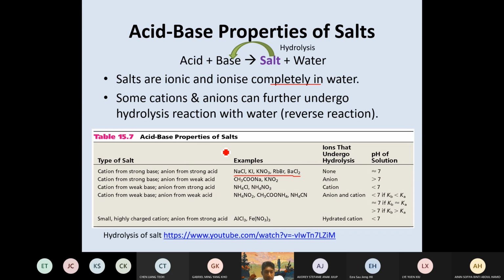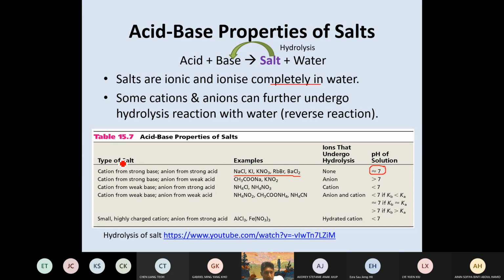So groups 1 and 2 form very strong ions. Actually, they produce a strong base. So when they react with strong acid, they will produce this type of salts, right? And this type of salts will have a pH of around 7.